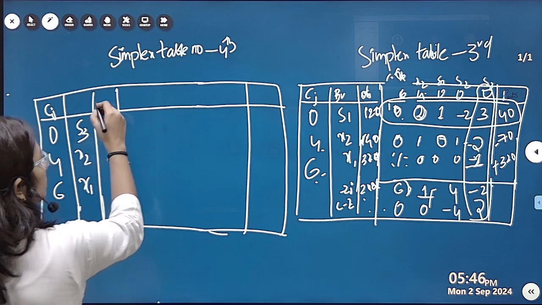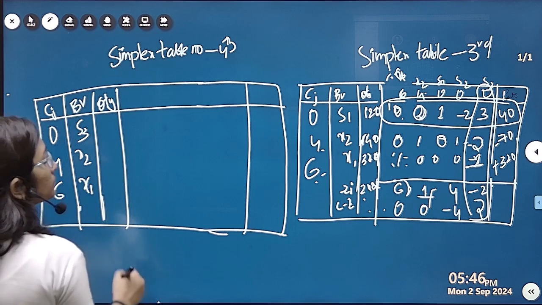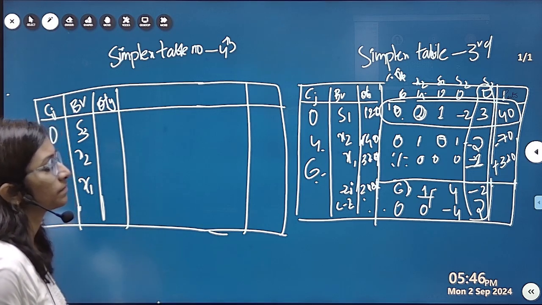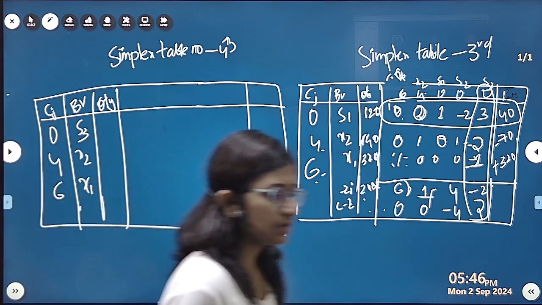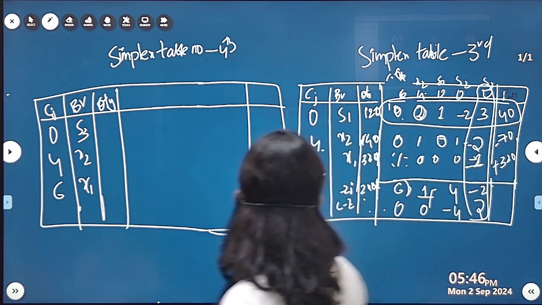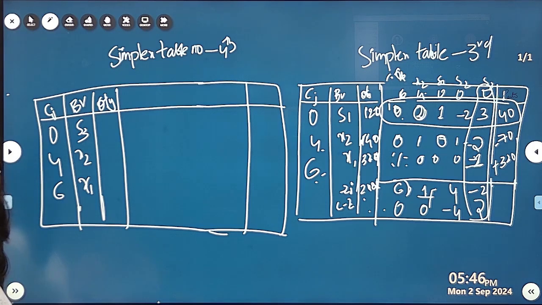Okay, tell me. 40. I think it's multiplication. Achha, key row will be divided by the key number. So 120 divided by 3. What will you get? 40.